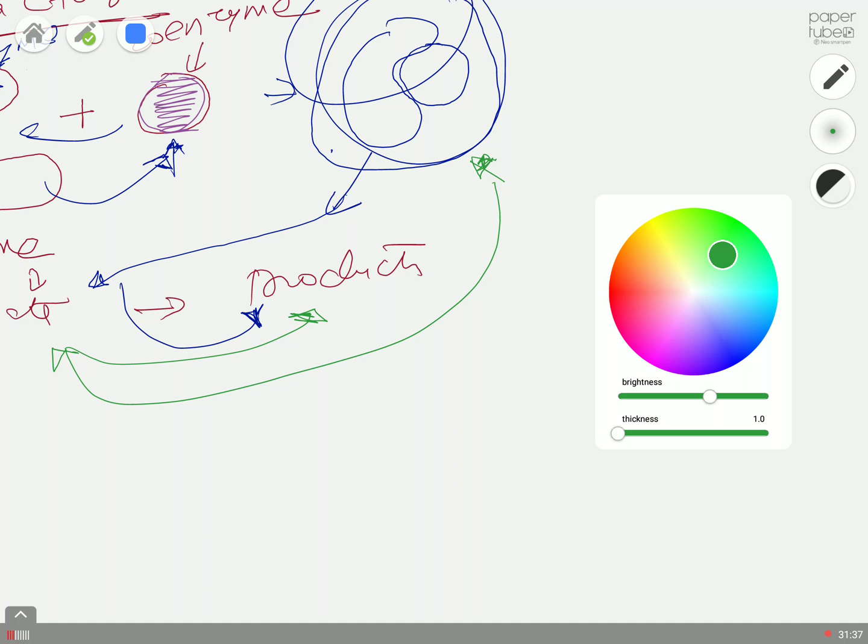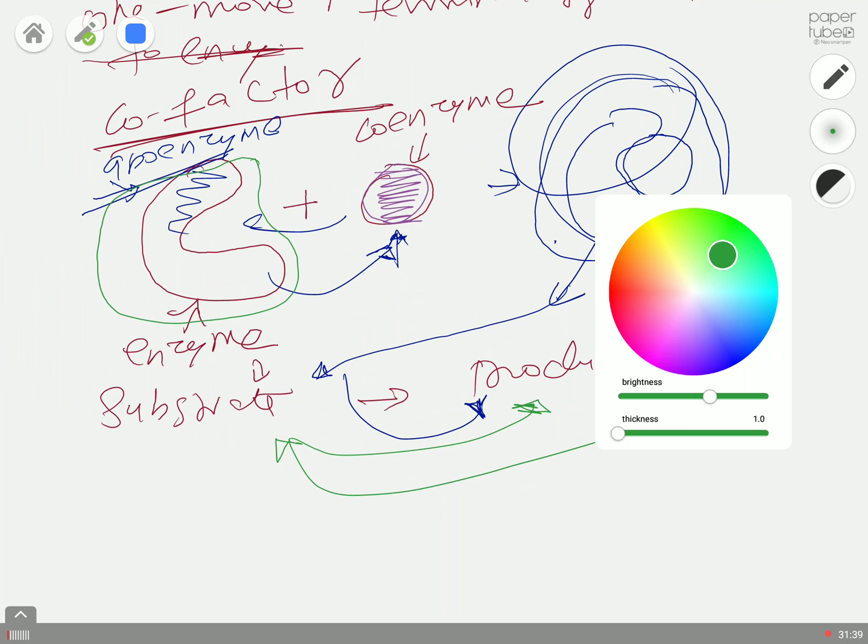This part of your enzyme, which is catalytically inactive in the absence of your coenzyme, is called the apoenzyme.